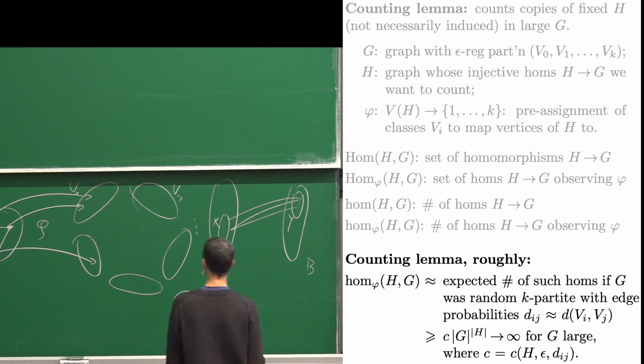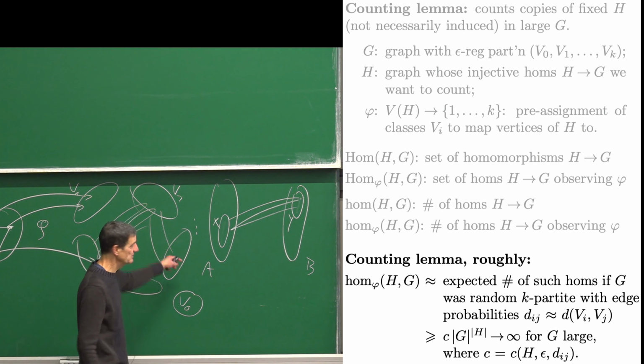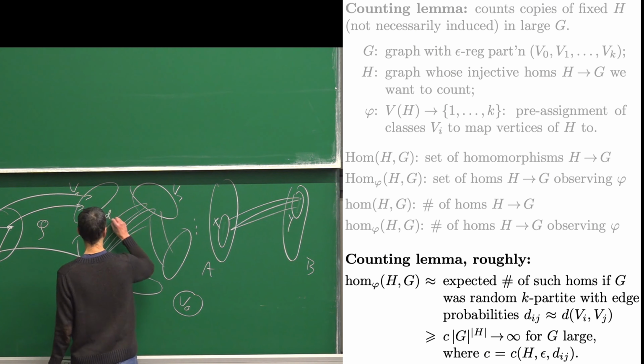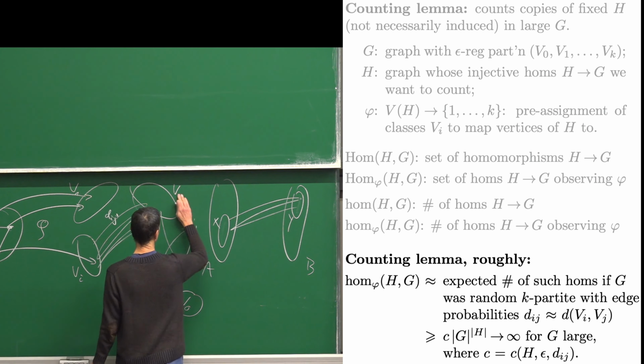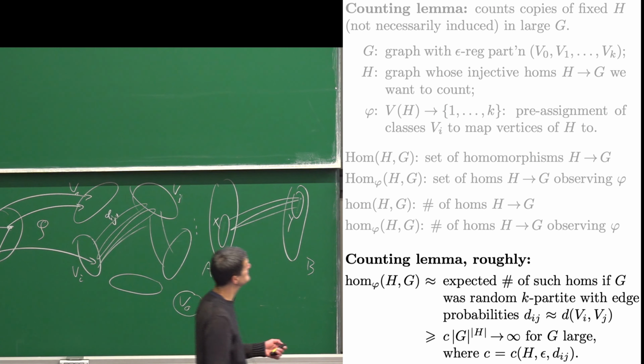Okay, and then they have different densities. Some are dense pairs, some are not so dense pairs. That's fine. The densities are denoted, for example, by d_ij, where this is V_i and this is V_j. All right, so those are the densities.